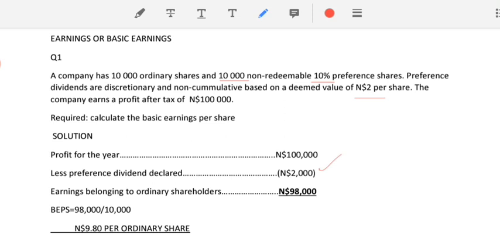Then 100 minus 2,000 gives this amount, which is distributable to the ordinary shareholders, and that's the amount that we divide by the total number of shares, which is 10, and we get 9.8, which means that every ordinary share earns $9.8.